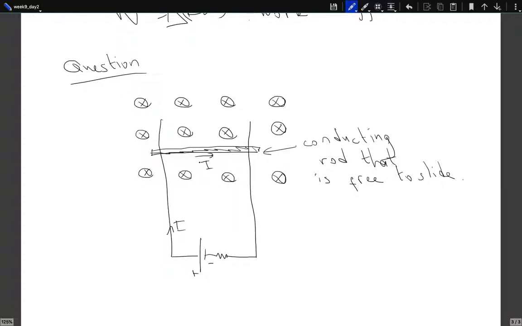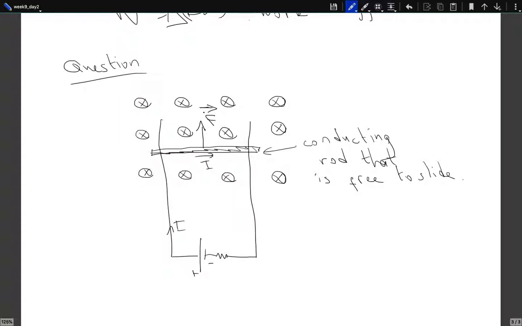What is the direction of the force acting on that rod? Let me see the right hands. Your forefingers in the direction of the current, your palm in the direction of the magnetic field. So the B is upward. The force is upward. In which way the rod will move?